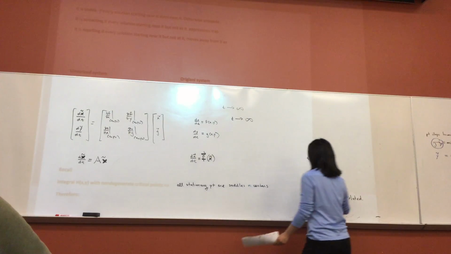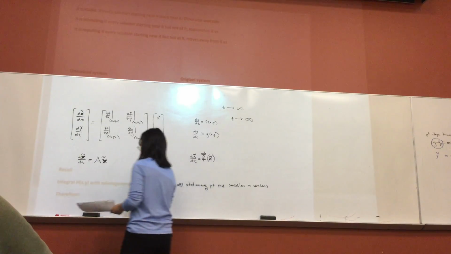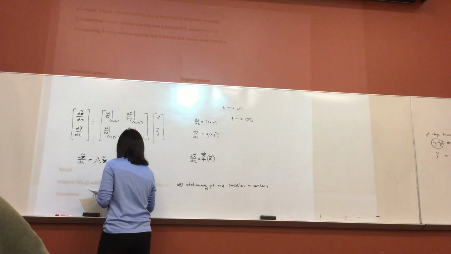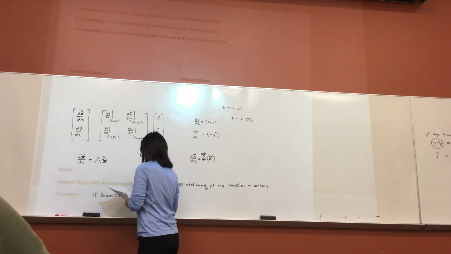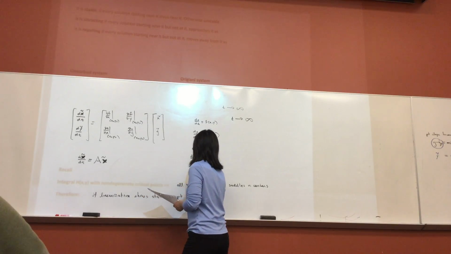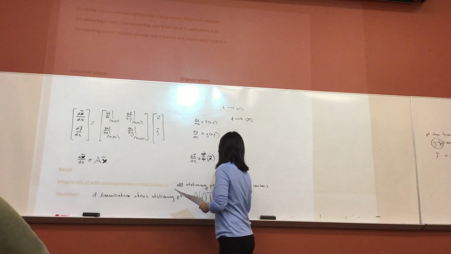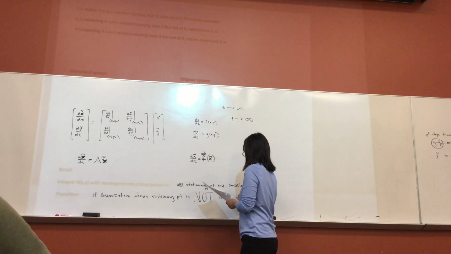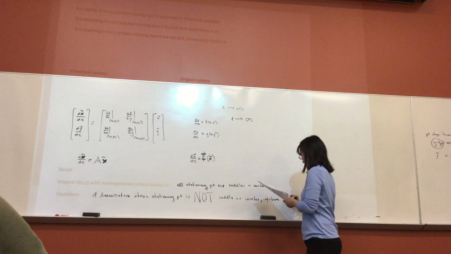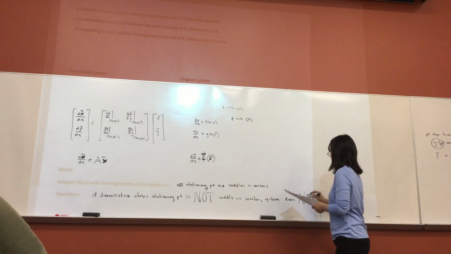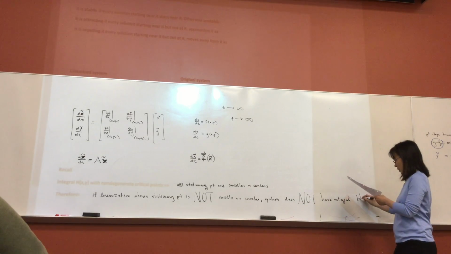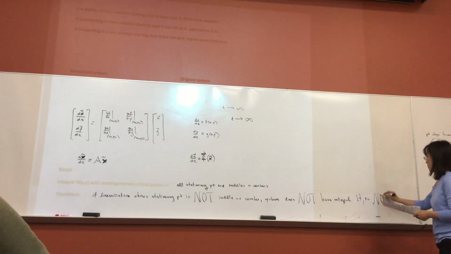So automatically, if linearization shows the stationary point is not a saddle or center, the system does not have integral h and is not conservative.